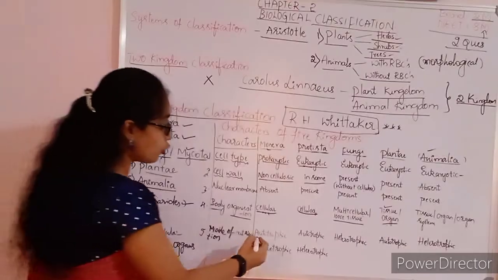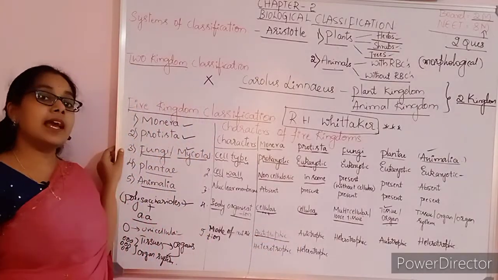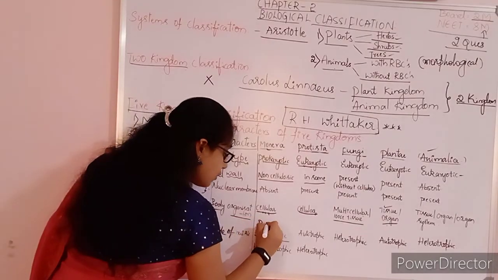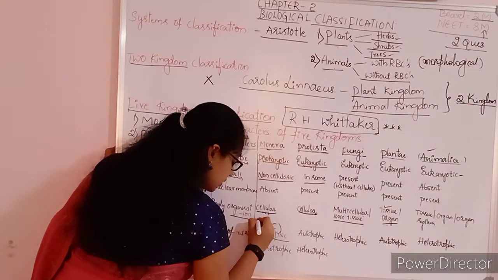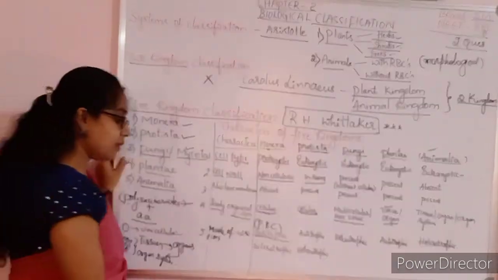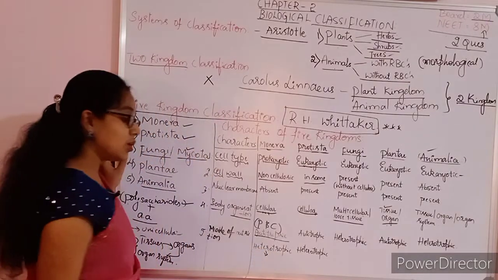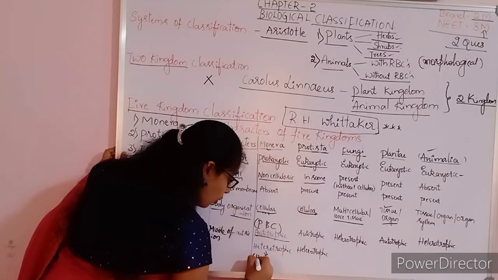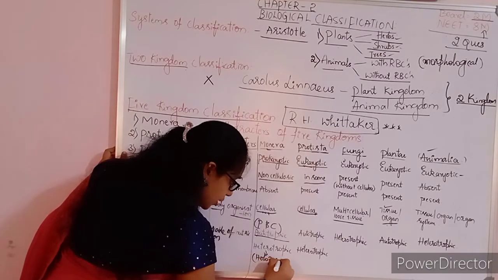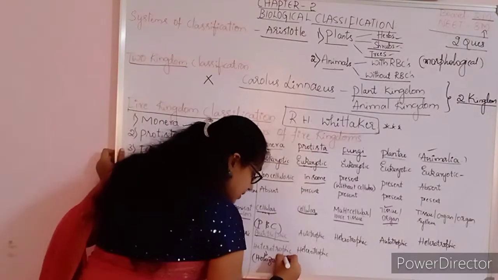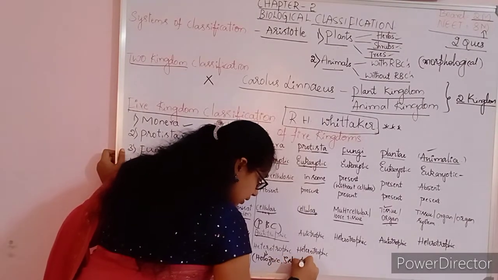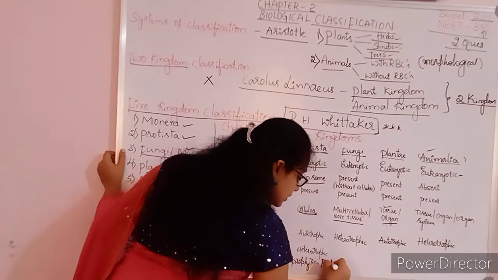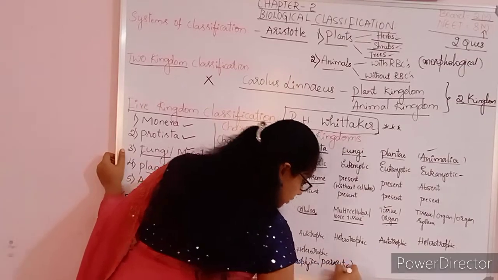See here, in autotrophic, again there are two types: one is photosynthetic, another one is chemosynthetic. Coming to heterotrophic nutrition, again there are three types: one is holozoic nutrition, another one is saprophytic nutrition, and the last one is parasitic nutrition.